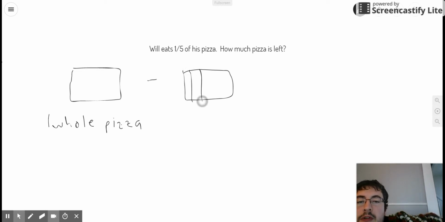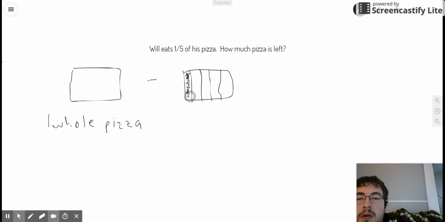So to show 1/5, I've divided the 1/5 part into 5 pieces and shaded in one piece. So we have one whole pizza.